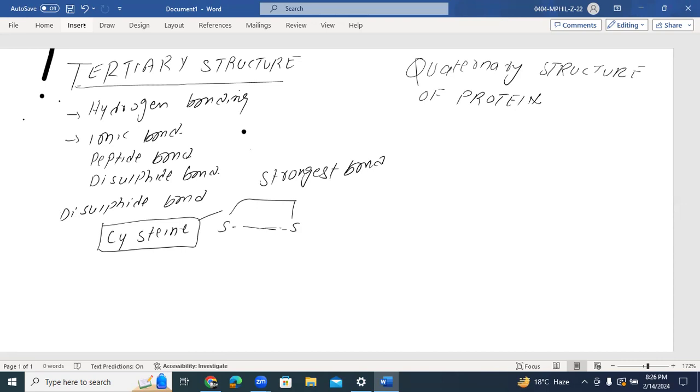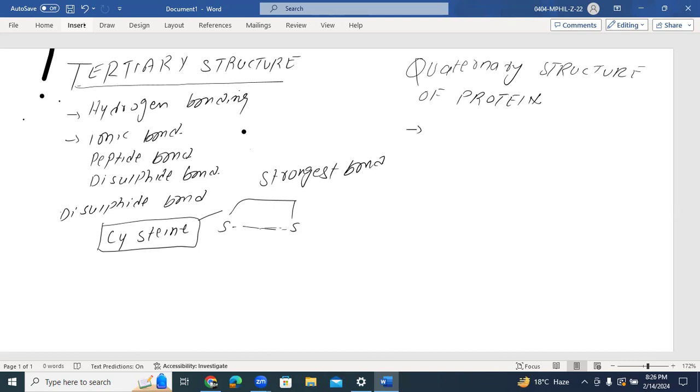And we have in our mind how tertiary structure is formed, right? When that structure combines together two to three times, that will form a quaternary structure. Here you will have a very specific shape, that is globular shape, right? So first we need to understand how this quaternary structure is formed.